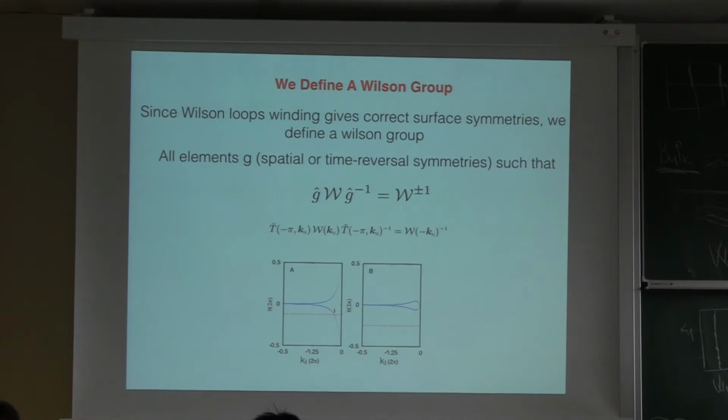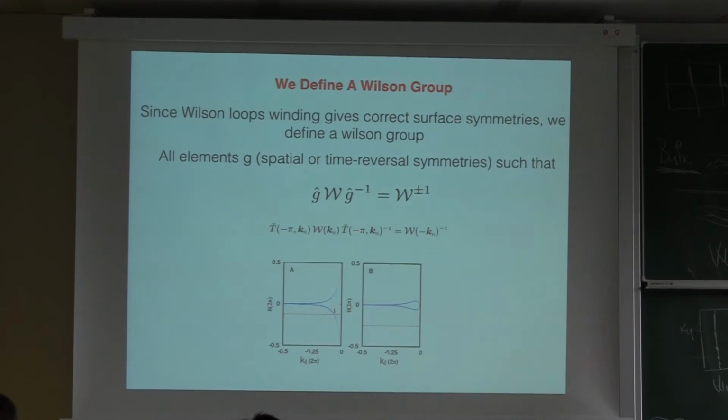So if I had this Wilson loop here at kx equals pi, or kx equals 0, and this ky, mirror symmetry would leave my Wilson loop invariant, because mirror x would not change kx. Right? But time reversal would flip it, because time reversal flips the momentum to minus itself.